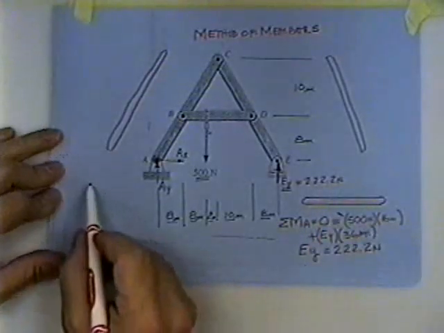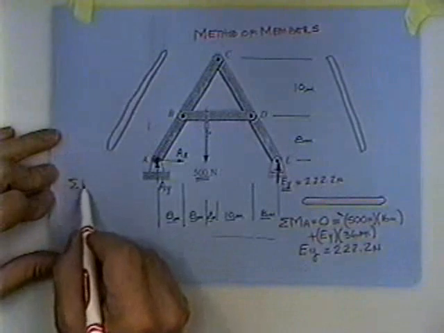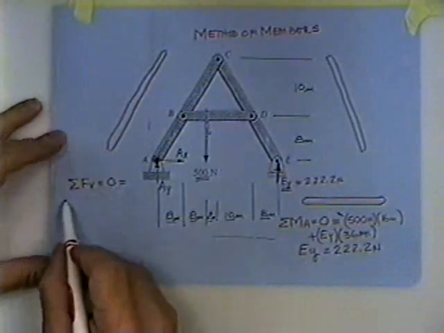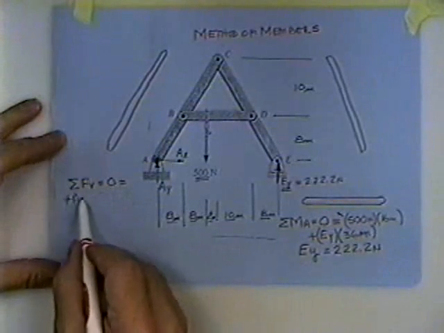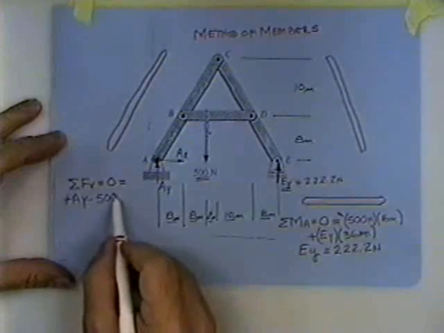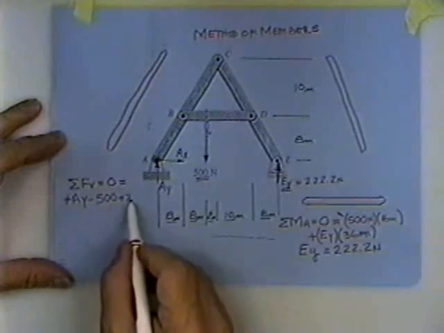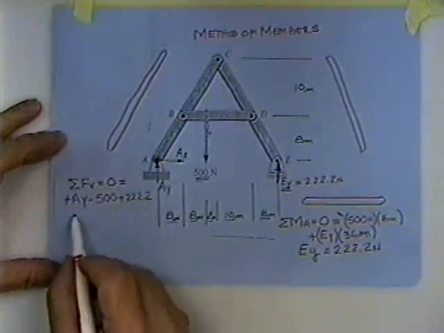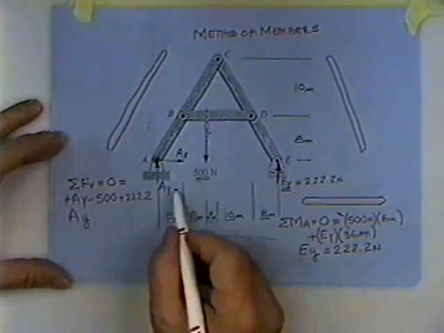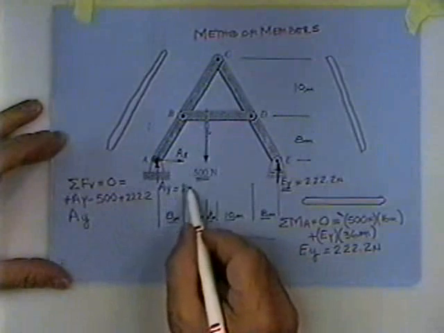Now then I can sum forces in the vertical direction equal to 0: plus AY minus 500 plus 222.2, and solve for AY. 277.8.